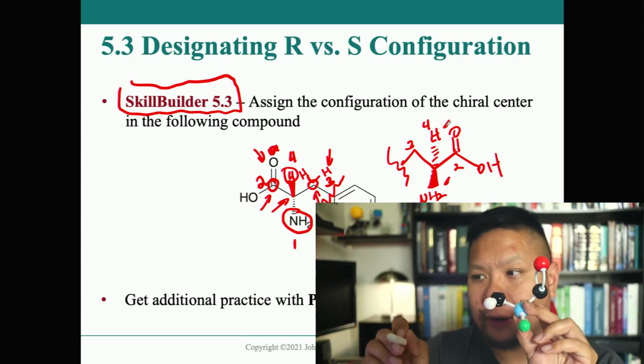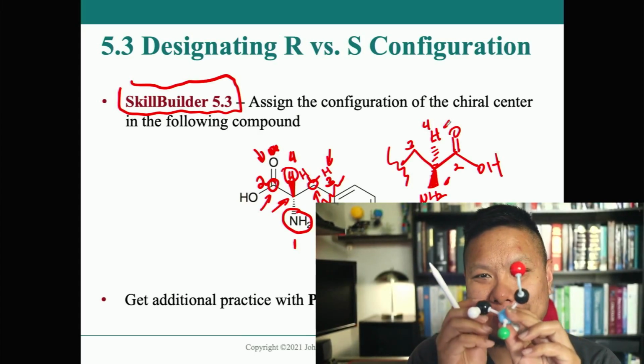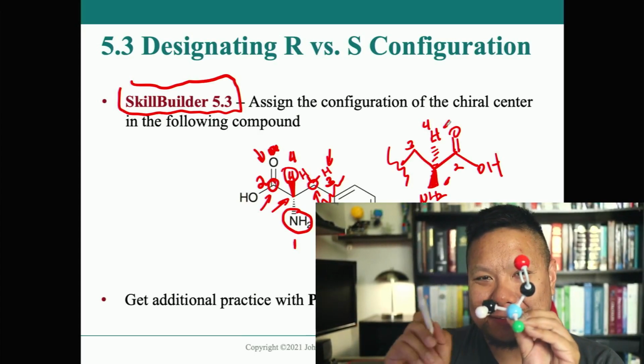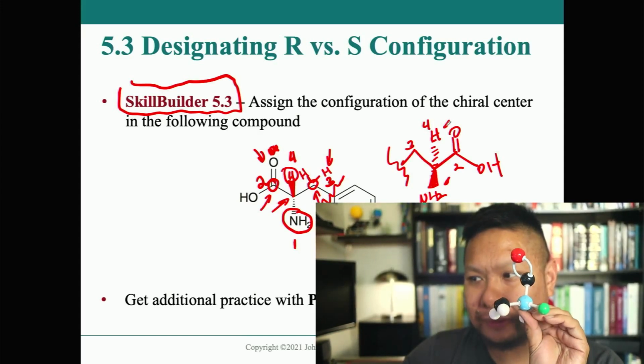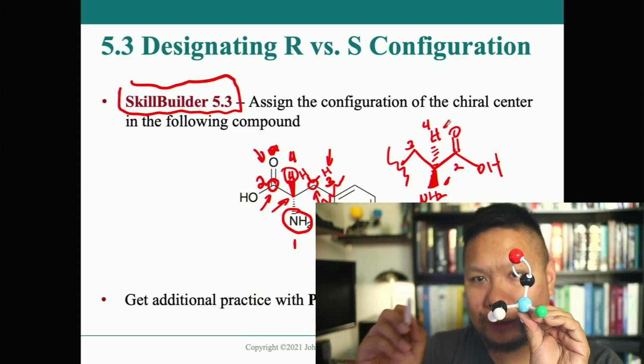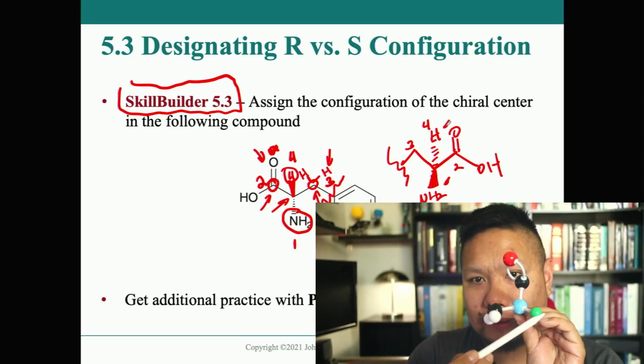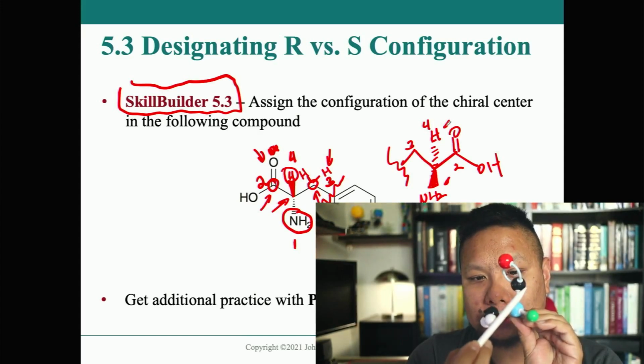And now I'll count it on the screen so it makes more sense to you, right? So here we go. You're going nitrogen, right? You're going nitrogen, carbon with the oxygen, right? So that's 1, 2, okay.